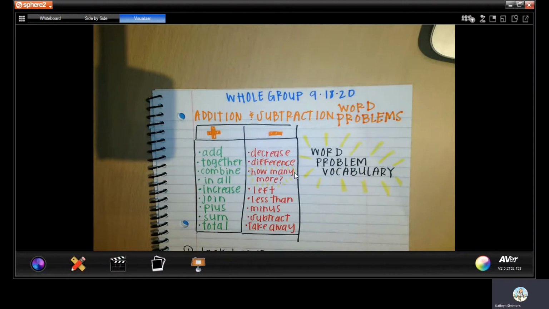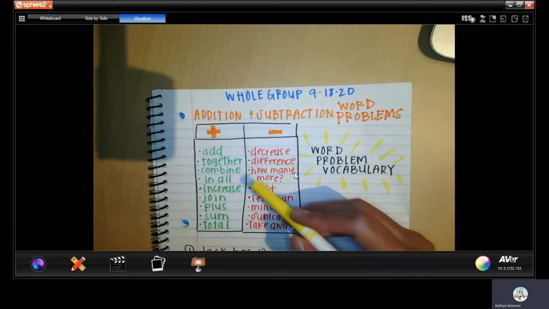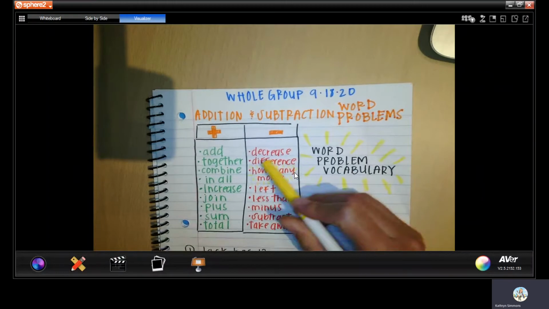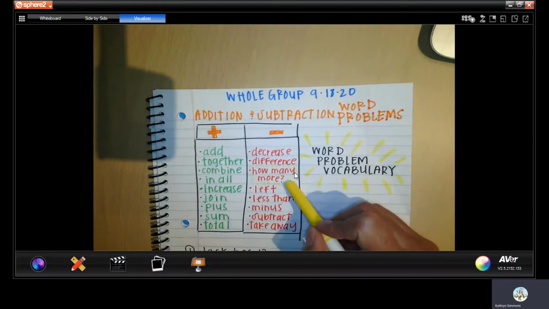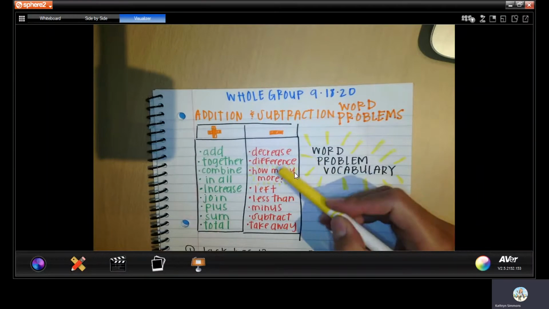Okay, our word problems. So we know our addition words and we know our subtraction words. If you can see here, I put stars around this phrase right here. How many more? How many more is in our subtraction column? It's a little tricky because it says the word more.